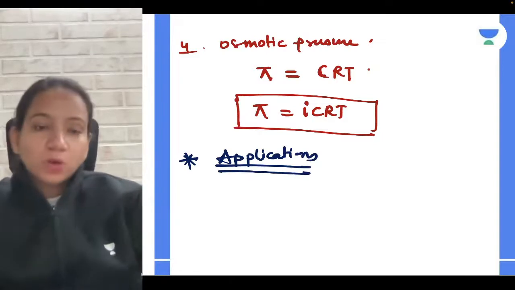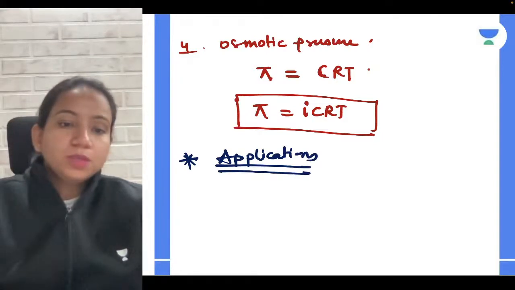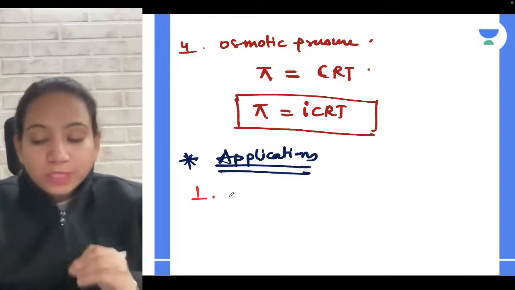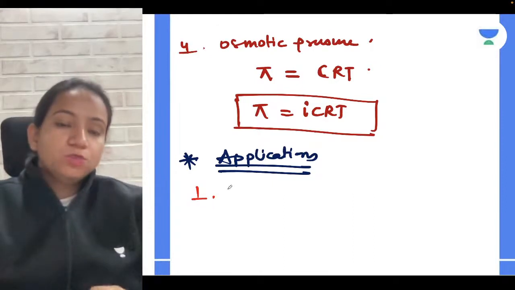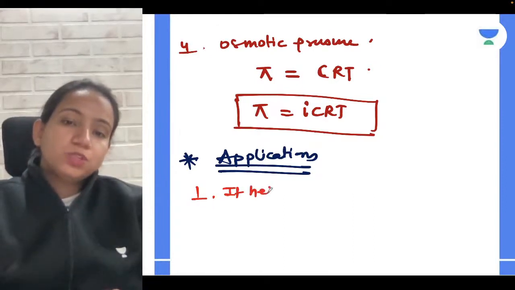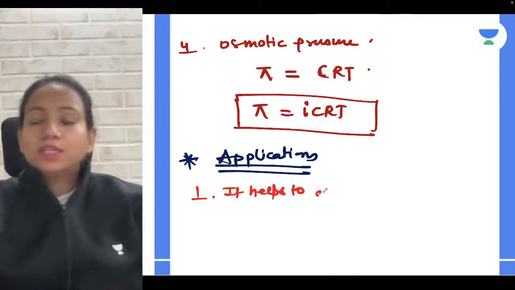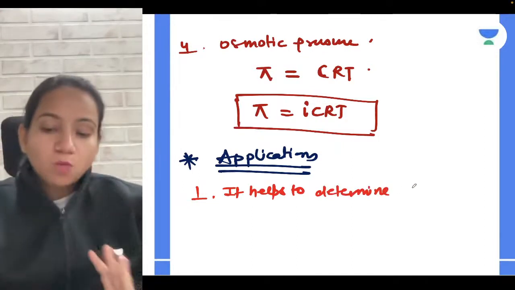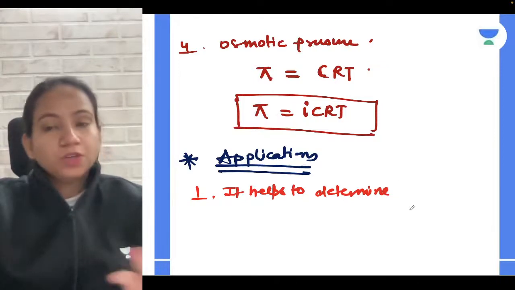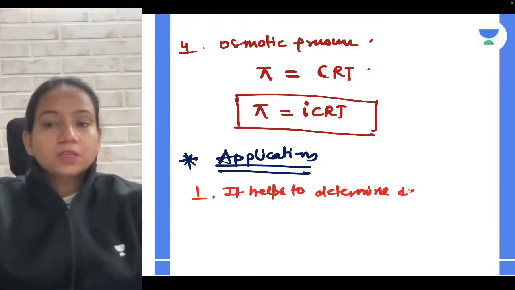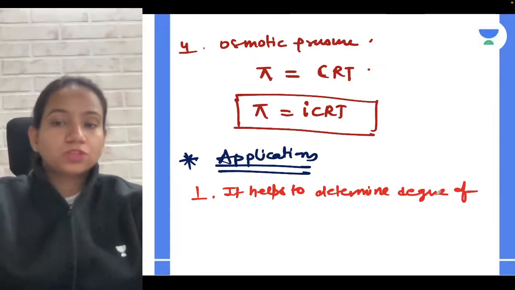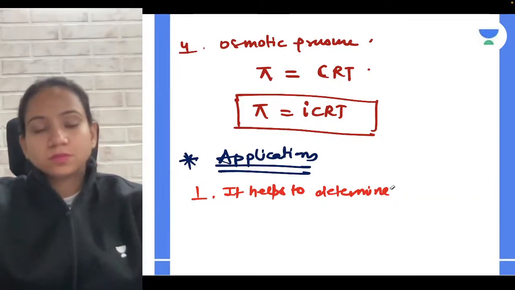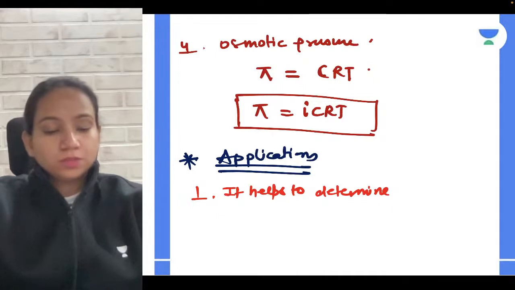One thing we can relate is very simple: it helps to determine the degree of dissociation, meaning how much a solute is dissociated, what percentage it has dissociated. You can find it out.